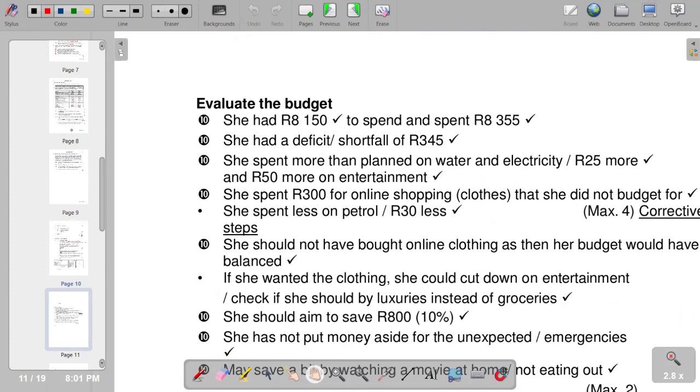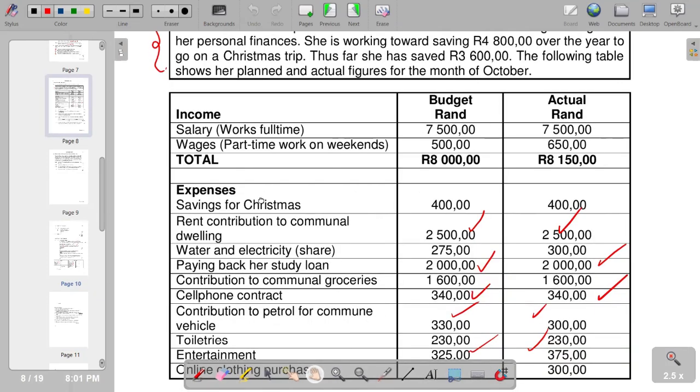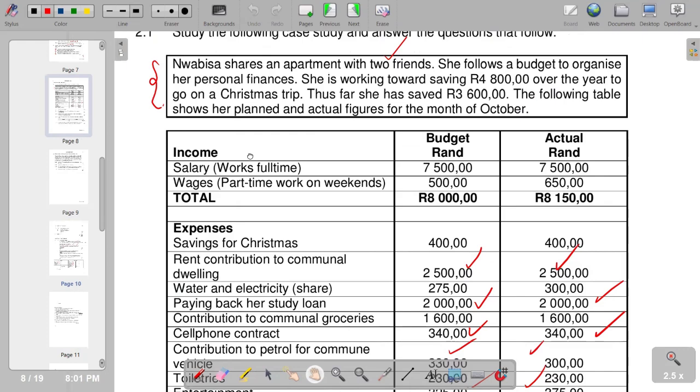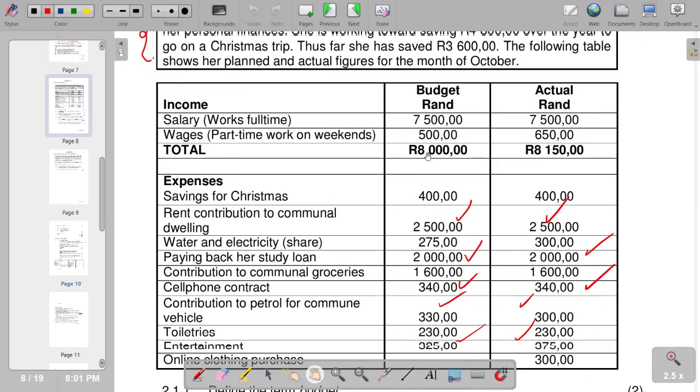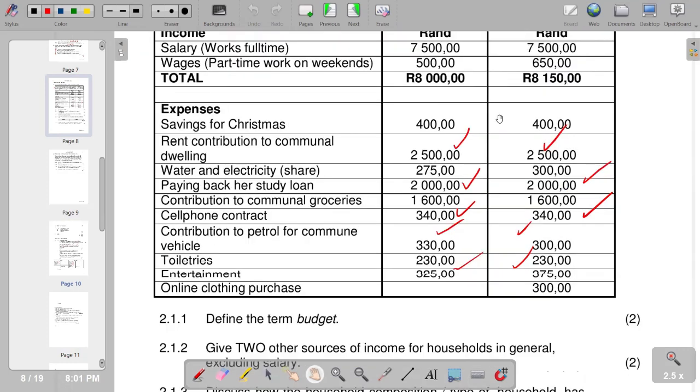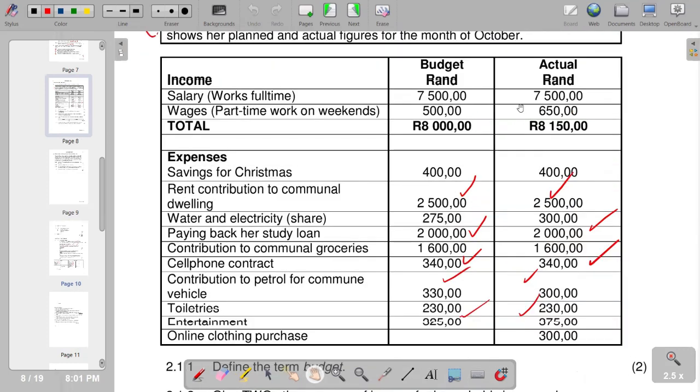Also, it is being shown that she had 8,150. She had an 8,000 budget, but then spent 8,150. So spent more than this is the actual against the budget.